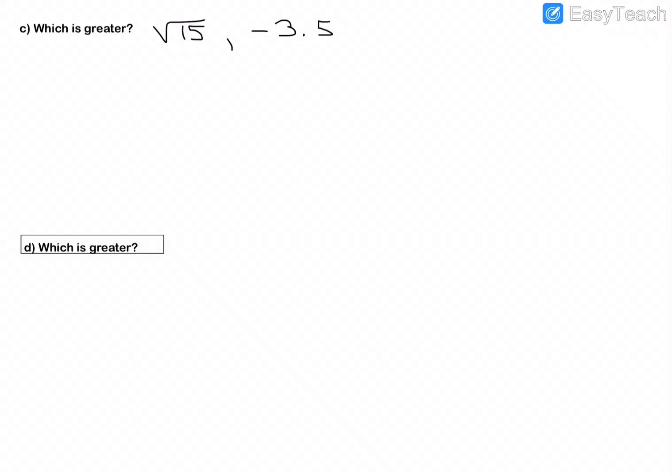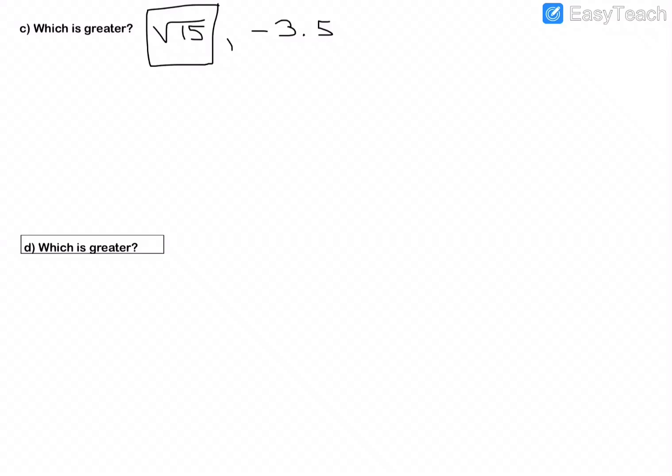So whenever we approximate what this square root of 15 is, it technically can be the negative or the positive. But since it's really not specifying that at this point, let's just go ahead and mark that this one's greater, because this one is a negative number.